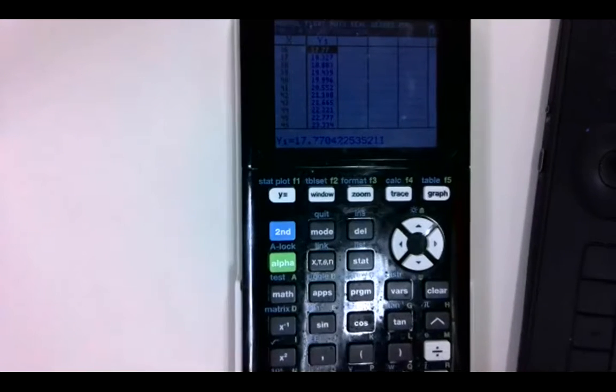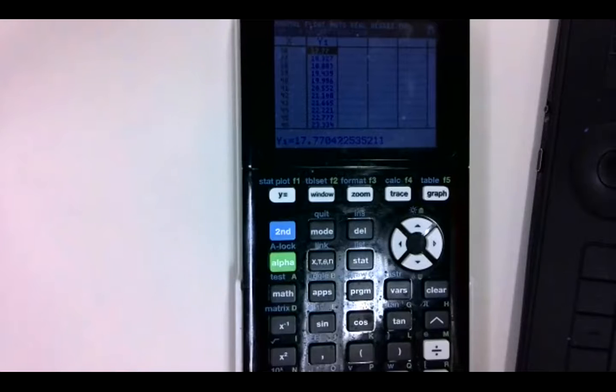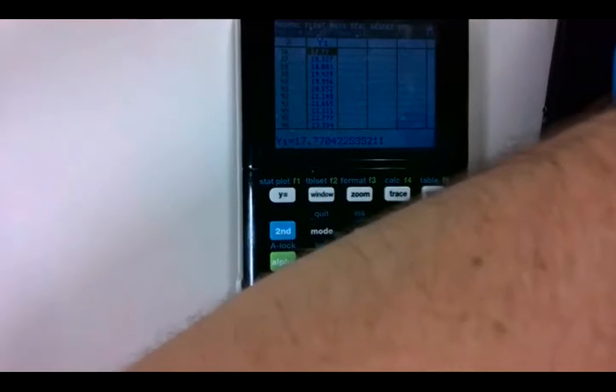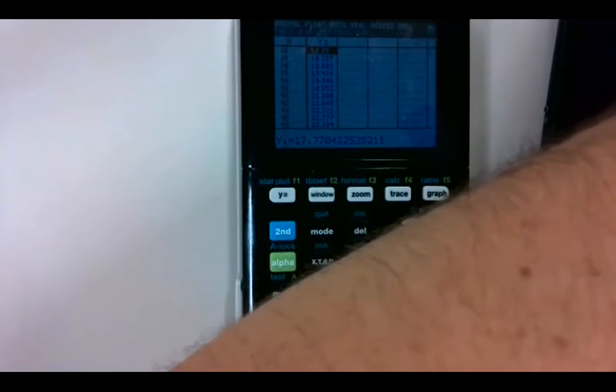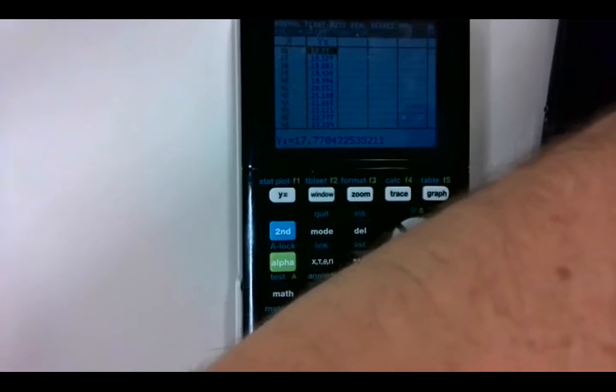All right, I tell you what, I'll just share my screen. I don't know why it's not doing that. Don't you love technology? There it is.